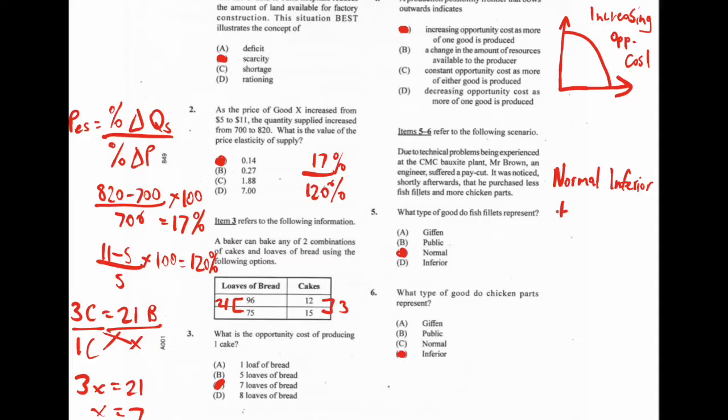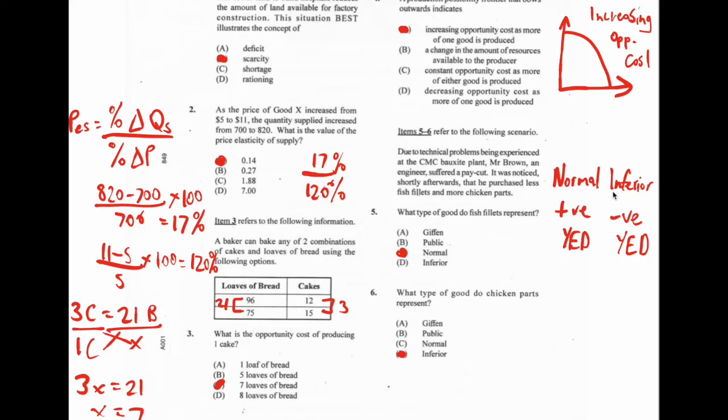So normal goods possess a positive income elasticity, while inferior goods possess a negative income elasticity. So this means that the relationship between quantity demanded and income has a direct relation in normal goods. So as the consumer increases their income, there is an increase in the quantity demanded of that normal good.